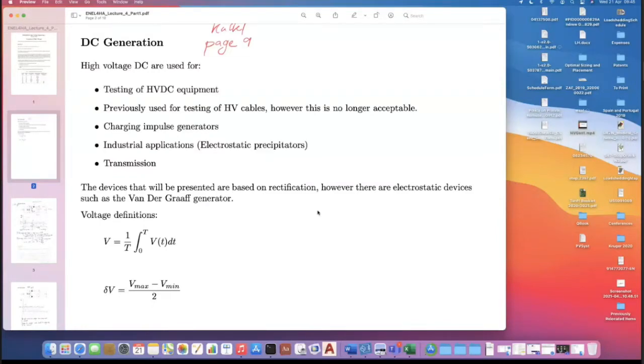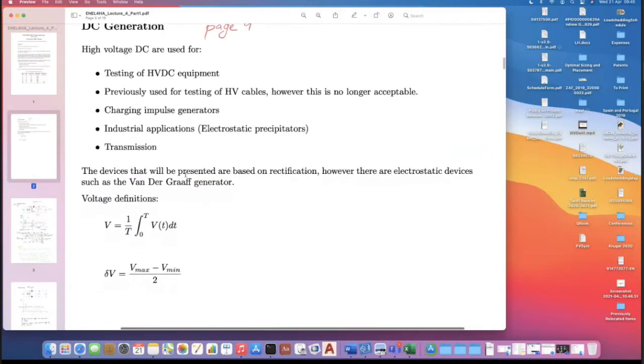It's no longer acceptable for the XLPE. It can be used to charge impulse generators, which we'll come to later. There are industrial applications such as electrostatic precipitators, and of course, transmission. We again are tackling more the testing of HVDC equipment.